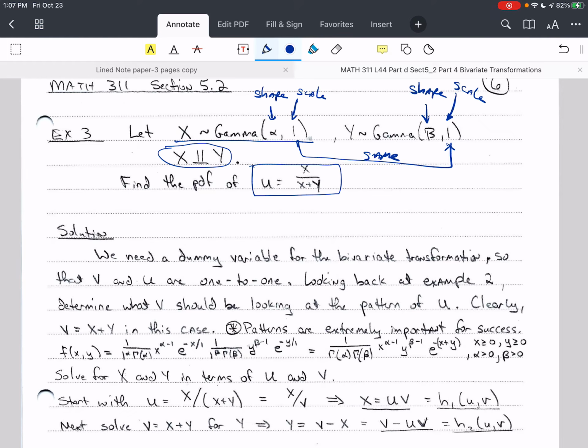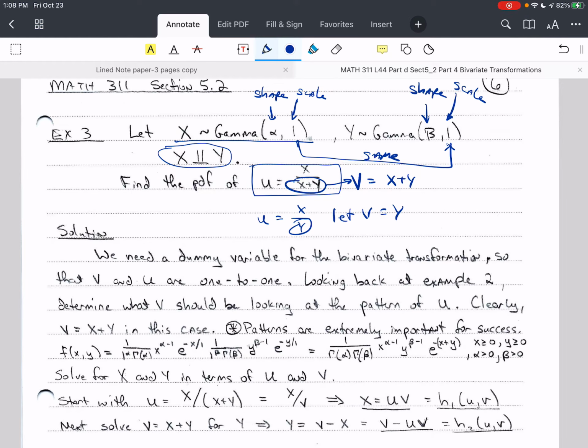Now, in order to use the bivariate transformation theorem, we need U and V. And so if you recall from our last example, we had U was X over Y, and we let V equal Y, the denominator. We're going to do the same pattern now. We're going to let V equal X plus Y, the denominator. Okay?